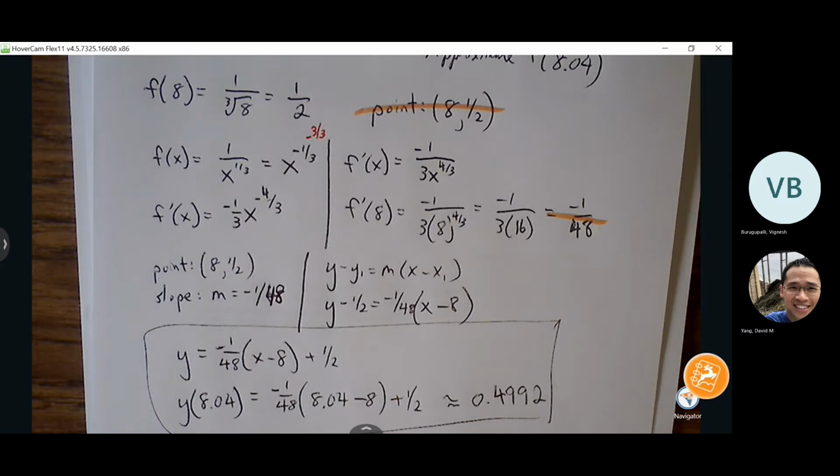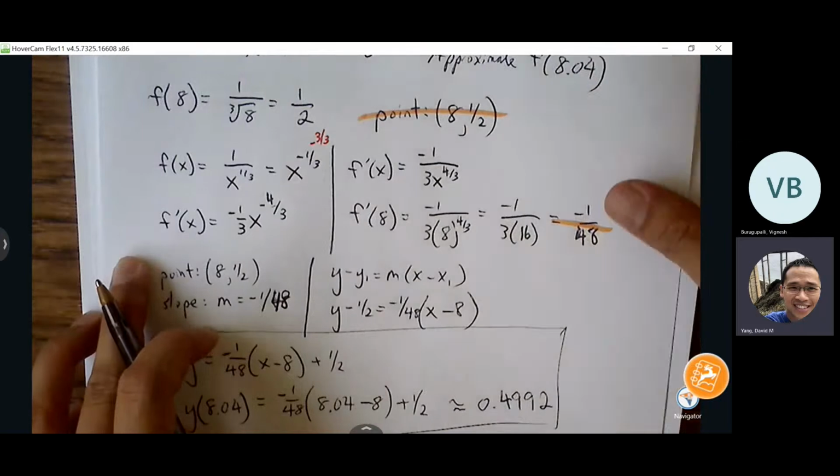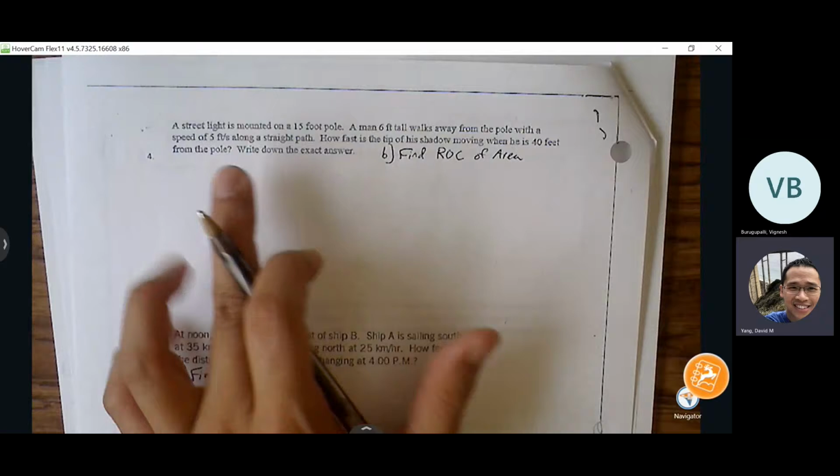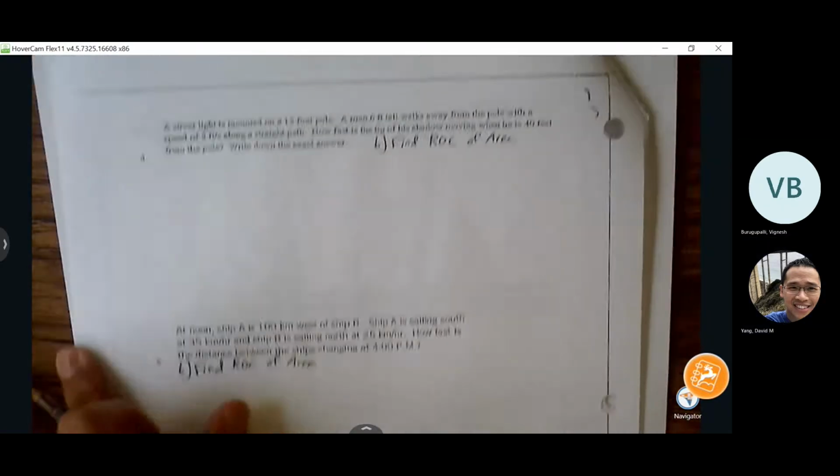Okay. Everybody good with this problem? So this is number 4, right above 6 and 7.